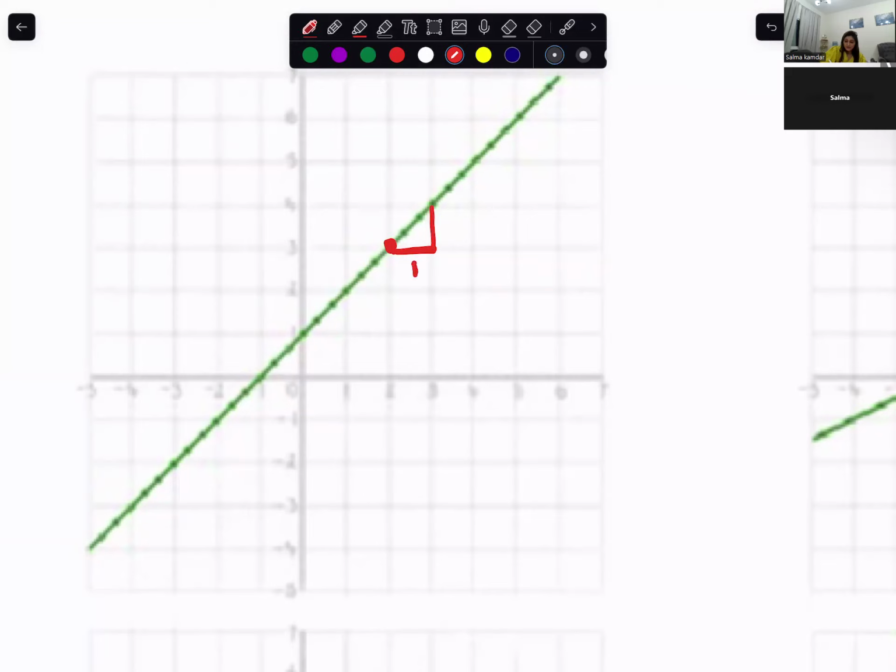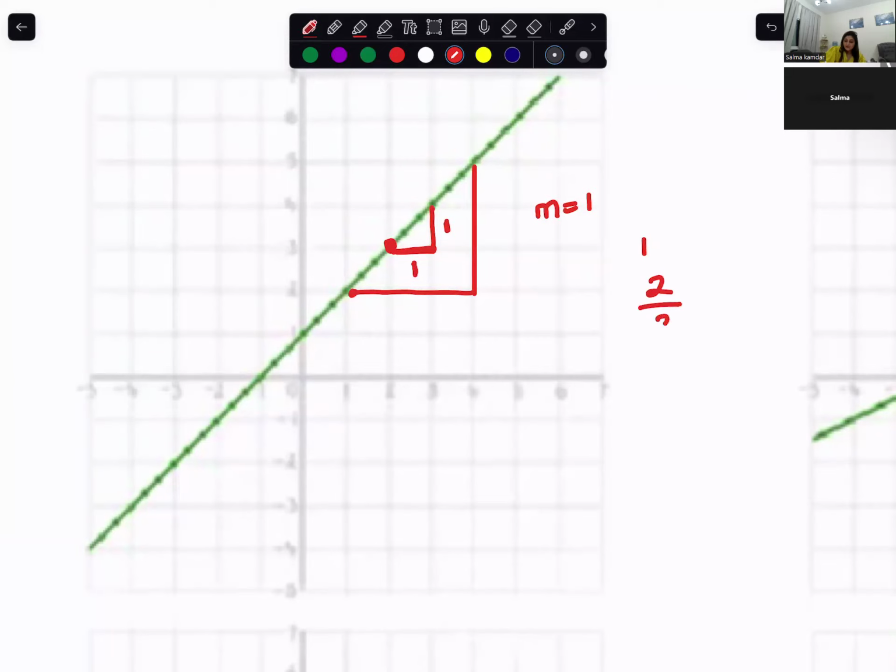Every one movement to the right gives you one movement upwards, so the gradient of your line is 1. Two movements across give you two movements upwards. That means it is 1. The gradient of the line is 1.